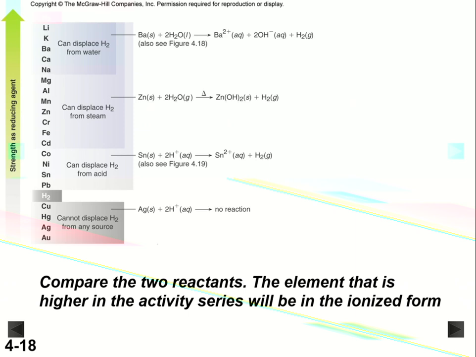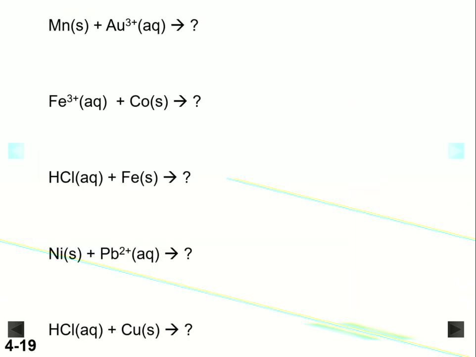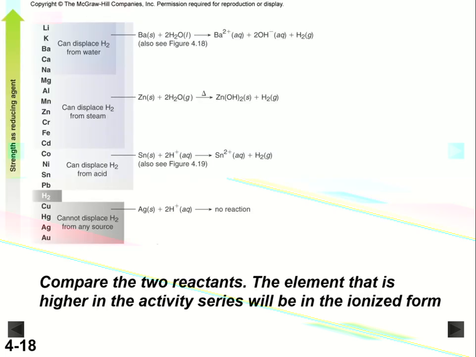So let's go back and try this with a problem. We have 5 problems here, and let's look at the first one. We have manganese solid reacting with gold 3 ions. So the question you ask is, is manganese more likely to be oxidized, or is gold likely to be oxidized? Let's go back to our activity table, and we'll notice that gold, Au, is at the very bottom.